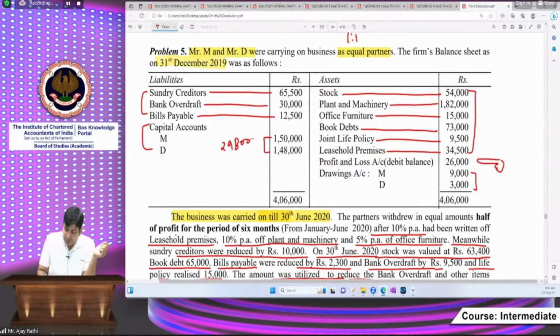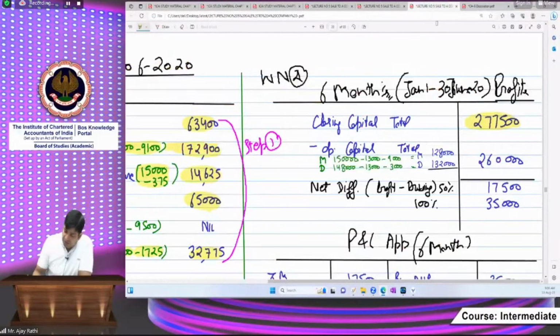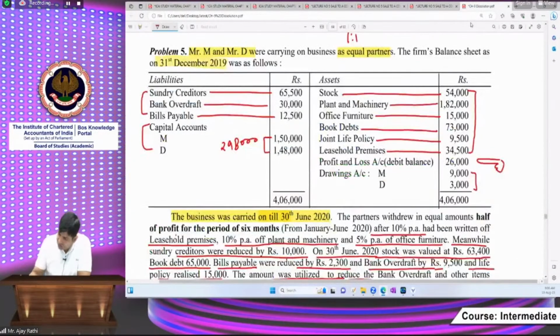So this is the opening capital for the duration. These are also part of the capital accounts, 12,000. So minus 12,000. Can I say 2,98,000 minus 12,000? What will be the figure?